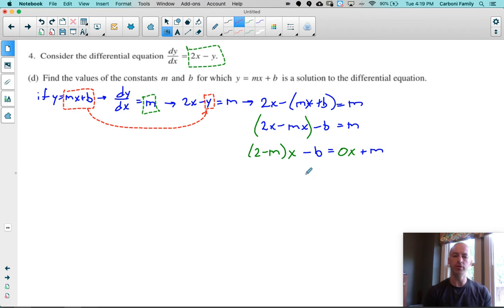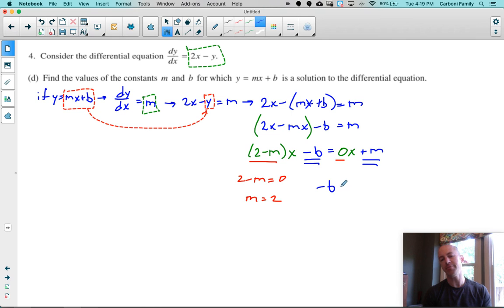And so on the left side, I have 2 minus m x's. On the right side, I have no x's. So that means 2 minus m must equal 0. And that's pretty easy to solve. m is going to be 2. Then I'm looking at my b term. b is a constant. m is a constant. So the constant on the left must be the same as the constant on the right.